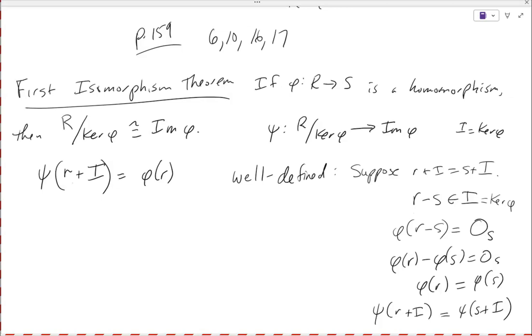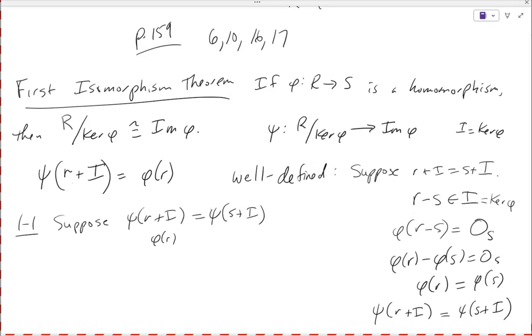Okay. So for one-to-one, we suppose psi of R plus I is psi of S plus I. I really should be writing kernel of phi, but we already established that we're equating those right this second.